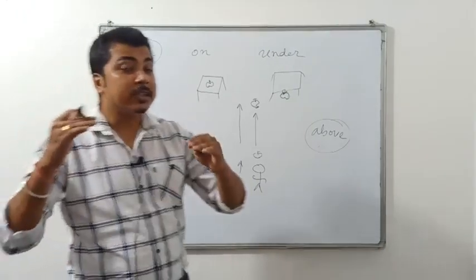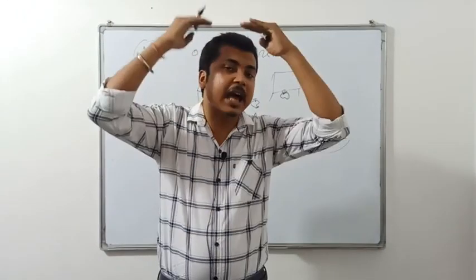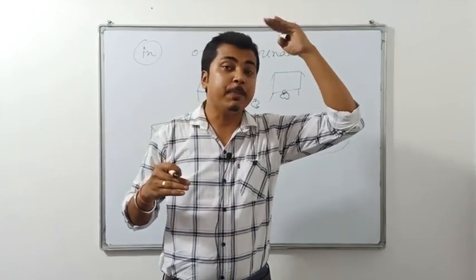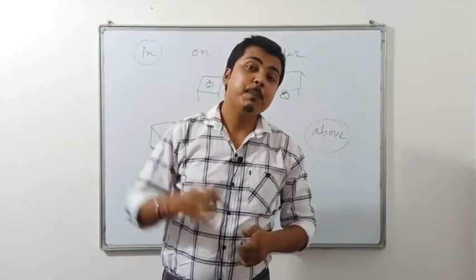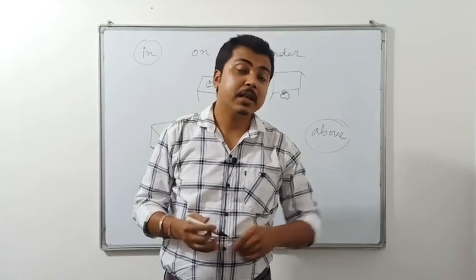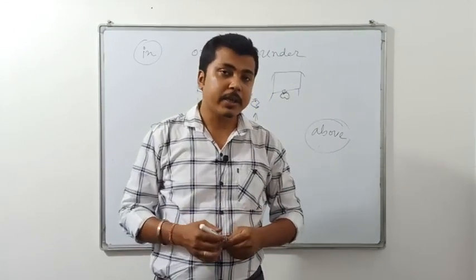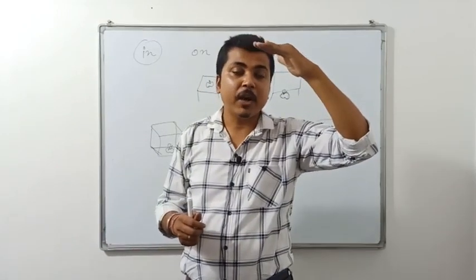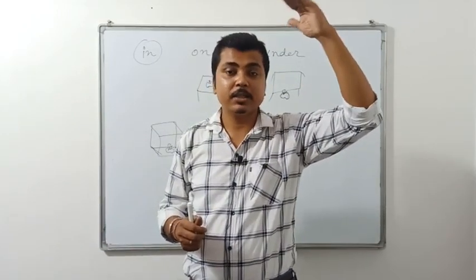Both signify height, but over means up to a limited height and above means much higher than a certain limited height. Over मतलब एक limited height, above मतलब उससे भी ज़्यादा, सबसे ऊंचा.